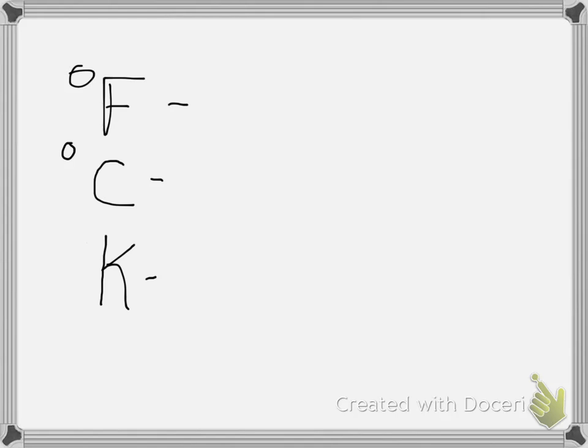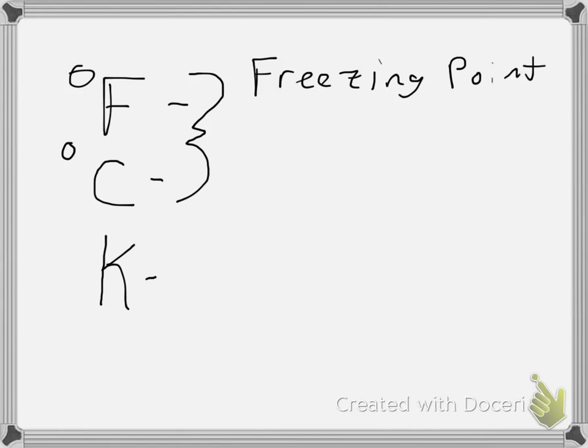All right, but the Fahrenheit and Celsius scales have two similarities in common, even though they have different actual scales that they use. The two points that both of these have in common are the freezing point of water and the boiling point of water.